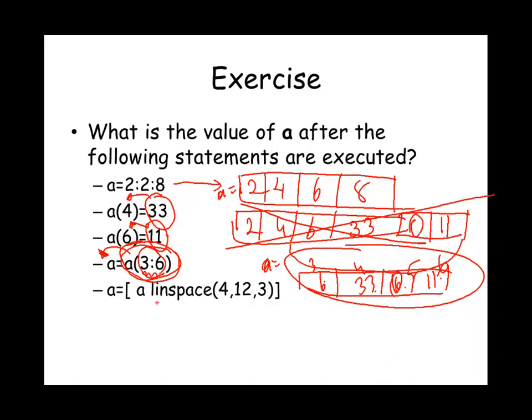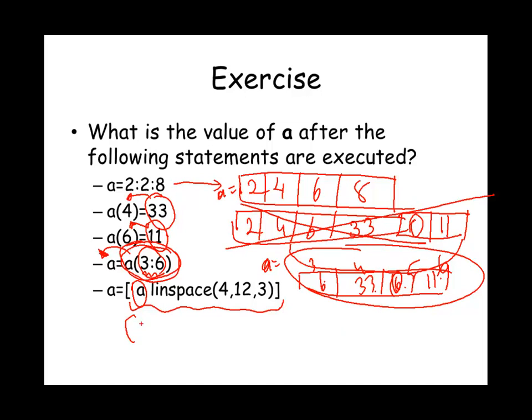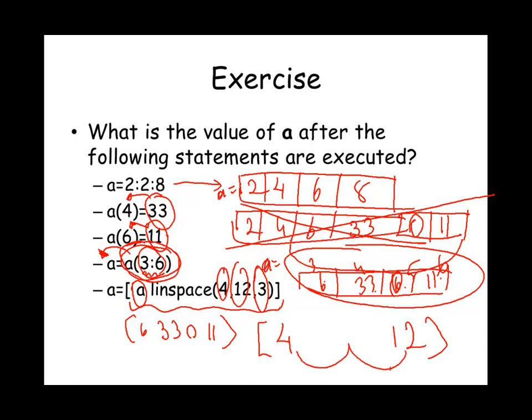In the next statement, on the right-hand side, we are concatenating the vector A, which now contains 6, 33, 0, and 11, with another vector that is composed of numbers from 4 to 12, and it only has 3 numbers. So that will be 4 to 12. Since we have 3 numbers, we will only have 2 increments.